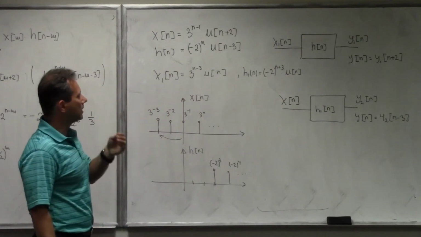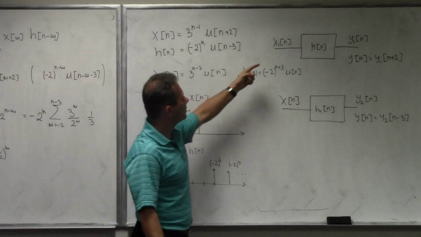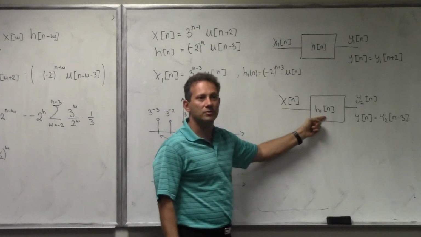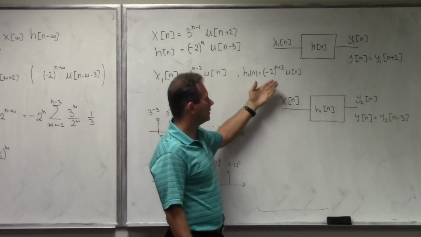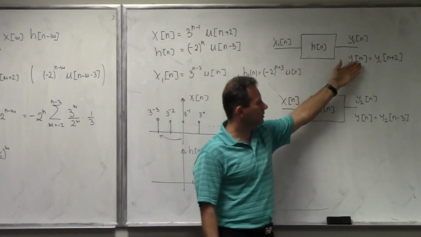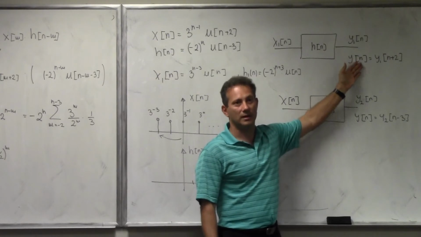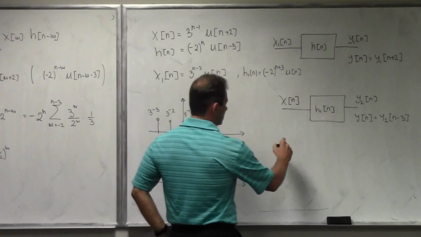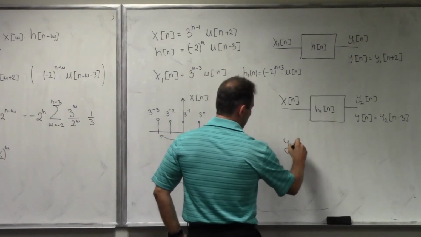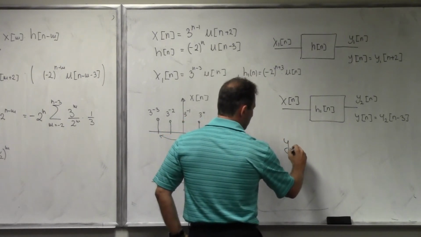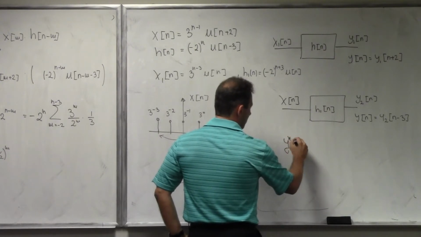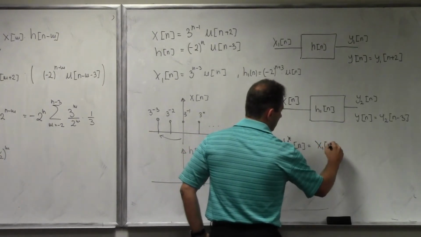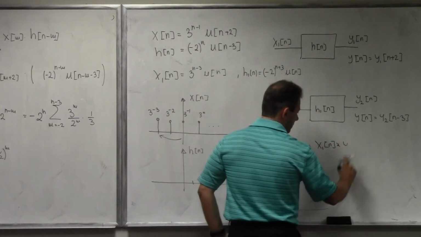And then I look at this, okay, now what happens if instead of x I put x1, and instead of h I put h1? Then I'm going to get an output that I first need to advance by 2 and then delay by 1. And then really what I'm going to say now is y star of n, I'm going to calculate as x1 of n convolved with h1 of n.